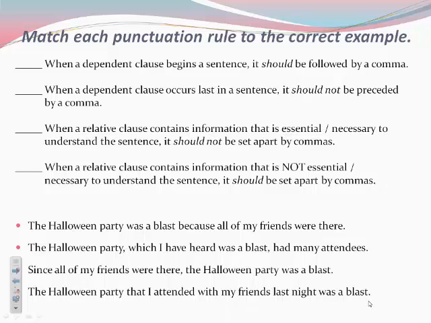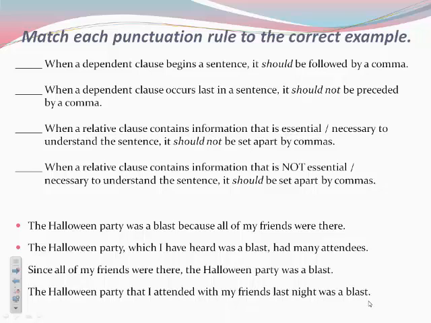Okay, so the Halloween party was a blast because all my friends were there. Because all of my friends were there is the dependent clause, and it is subordinate, and it goes with the second rule, which is when a dependent clause occurs last in a sentence, it should not be preceded by a comma. And then the next sentence, the Halloween party, which I have heard was a blast, had many attendees. The dependent clause is which I have heard was a blast, and that's a relative clause.